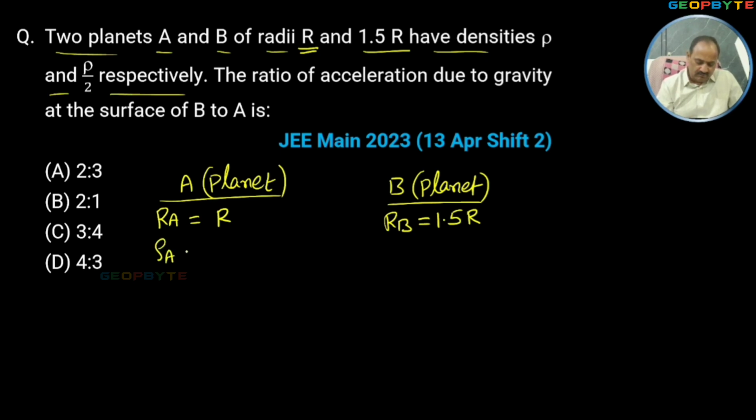Density of A equals rho, density of B equals rho by 2.